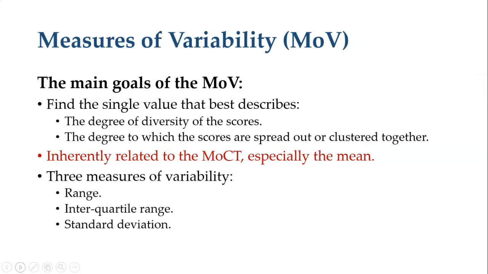There are three measures of variability or dispersion that we can use in descriptive statistics: the range, the interquartile range, and the standard deviation.